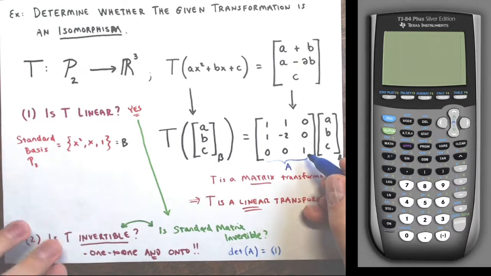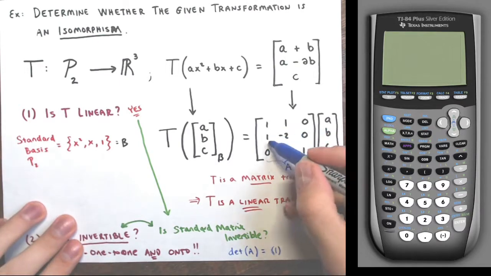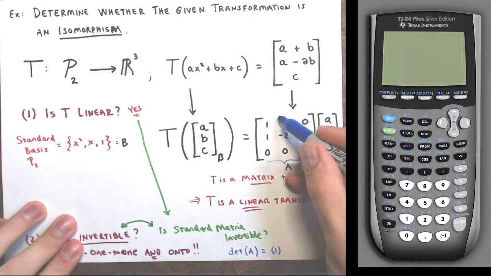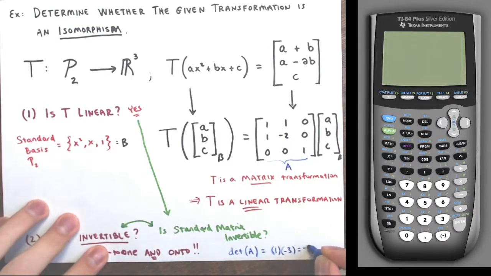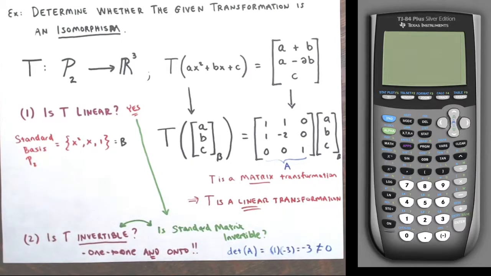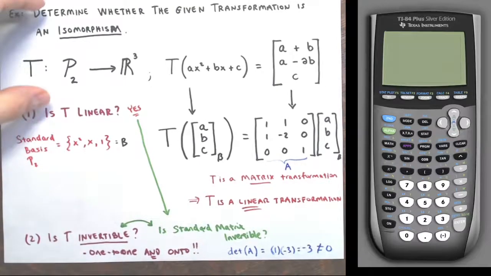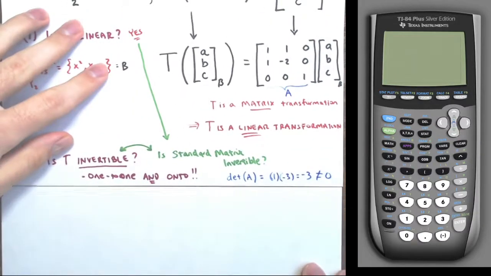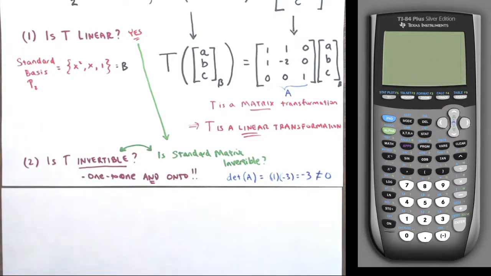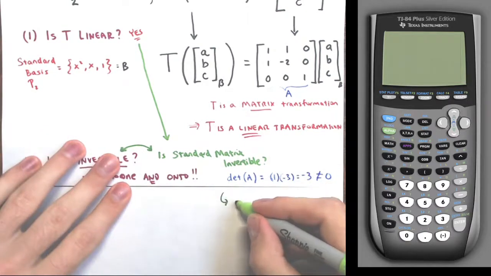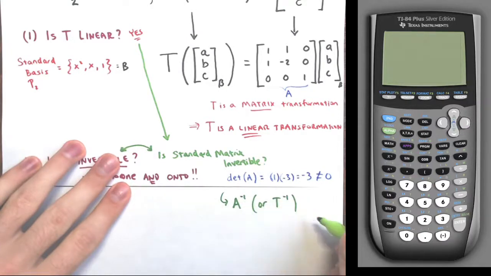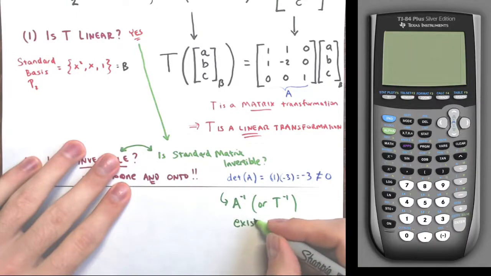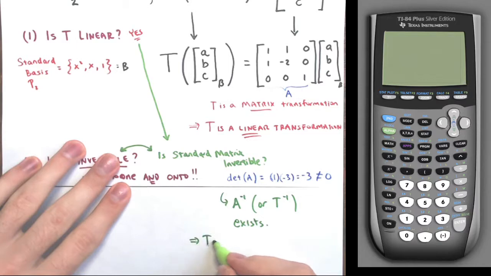That's an even position, so it would be multiplied by the determinant of this 2 by 2 up here, with the 1, 1, 1, -2, which would be -2 minus 1, which is -3. This matrix has a determinant of -3, which is not 0. So I have a square standard matrix for this transformation with a non-zero determinant. That means A inverse, or T inverse, if you're talking about the transformation, exists. Therefore, T is invertible.